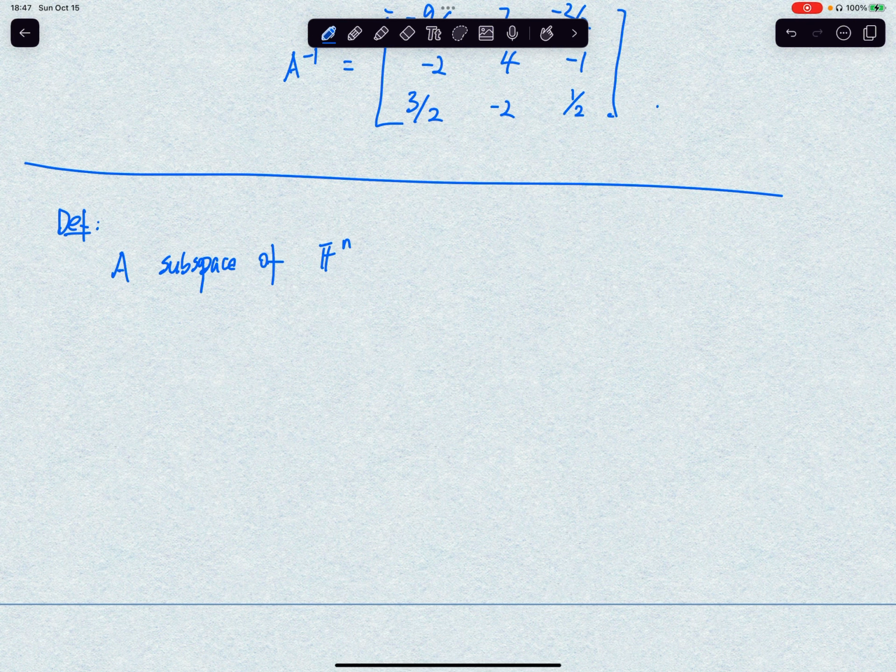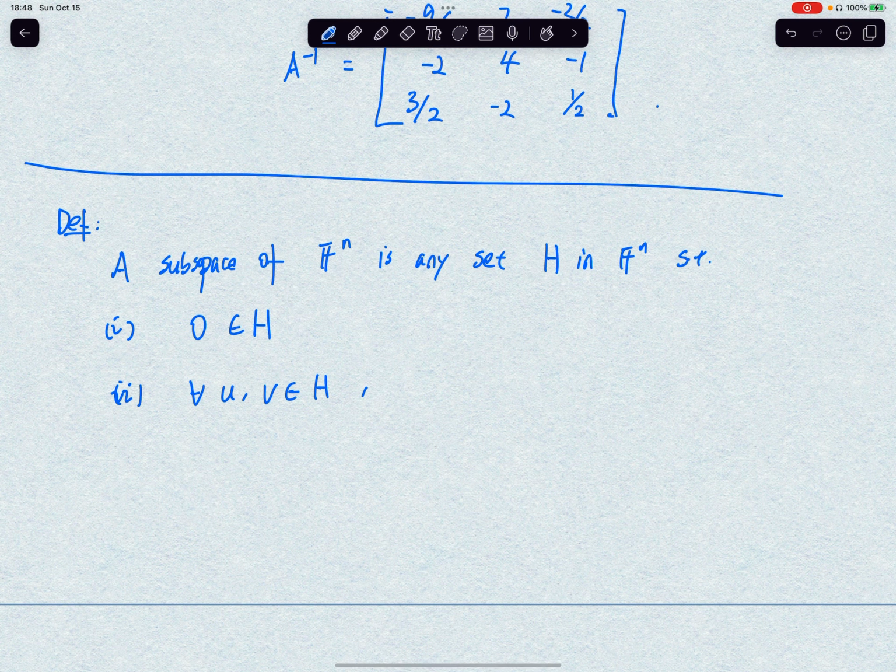or one can replace this by Rn, is any set H in Fn such that, firstly, the zero vector lives in H, and second, for all vectors u, v in H, we have their addition lives in H as well.